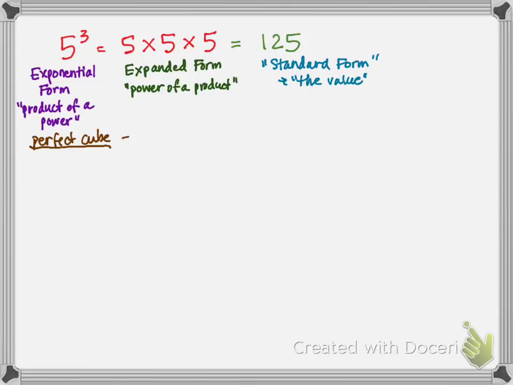So if a perfect square is the product of a number times itself, this is going to be a product when multiplying a number by itself and by itself.